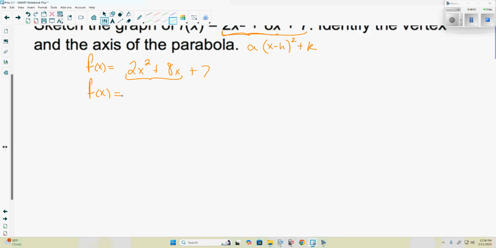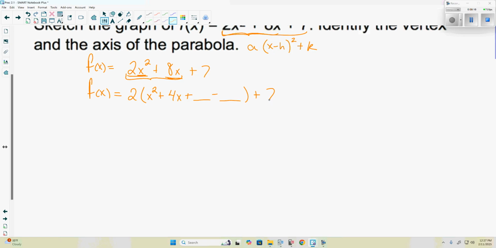And we need the number in front of x squared to be 1. So since there's a 2 in front of the x squared, we're going to factor the 2 out of both of these terms. When we factor the 2 out of 2x squared, we get x squared. When we factor the 2 out of 8x, we have 4x plus minus.